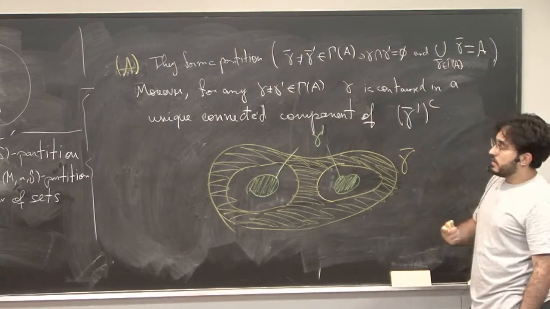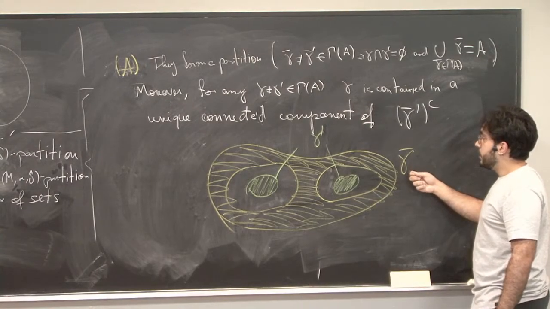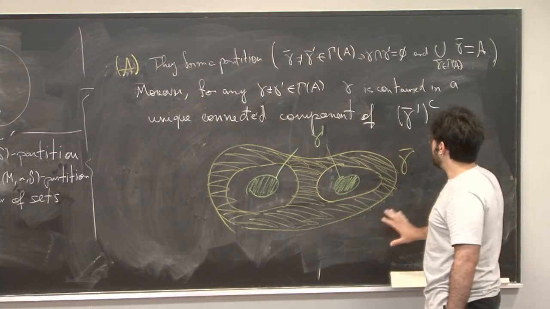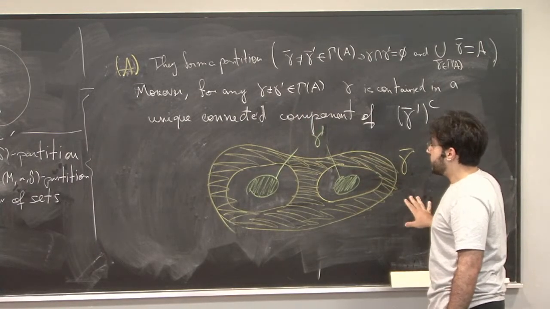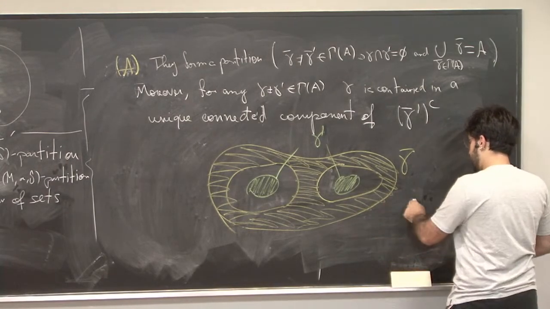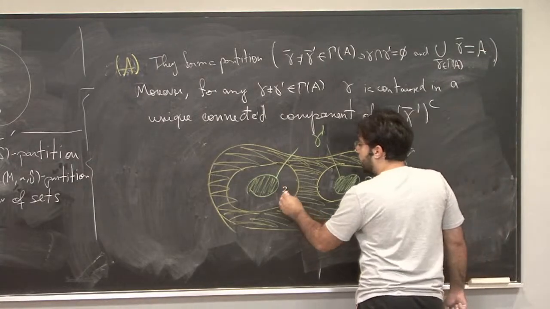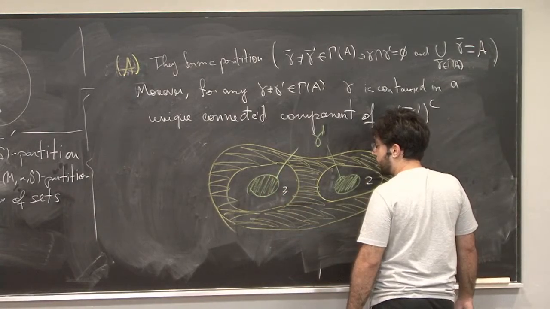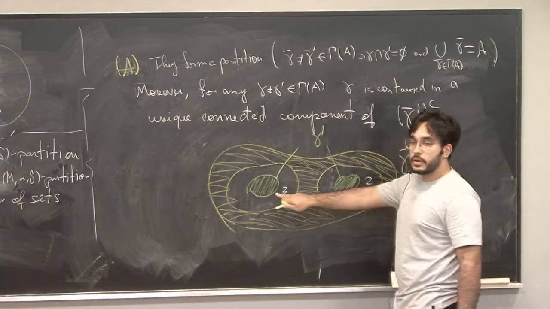So this will not satisfy condition A. Why? Because if you take gamma and look at the complement, it is composed by this black area of the blackboard, and in the complement we have three connected components. We have this unbounded one, we have this component between the yellow and the green part, and we also have this third one between these parts here also. And what is happening here is that gamma prime is living in two different connected components.